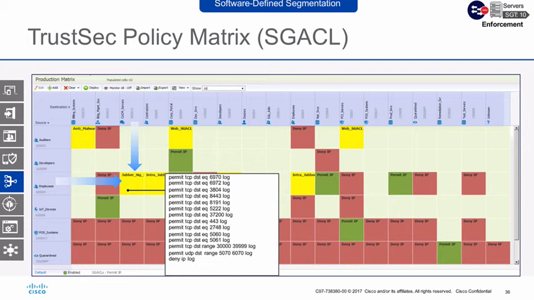So let's say for whatever reason the developers need to access the production servers, but only on a specific set of ports. I can allow that and drop every other piece of traffic. Again, this provides another level of granularity for our customers when deploying TrustSec.